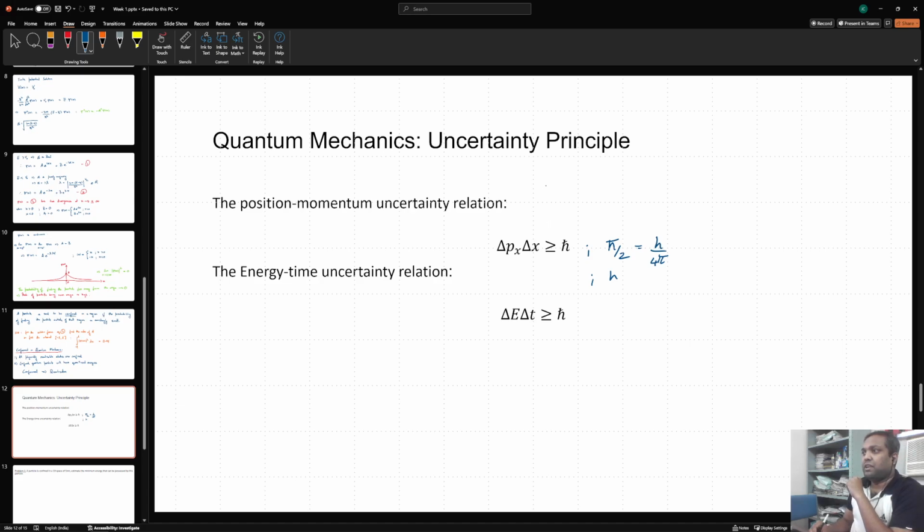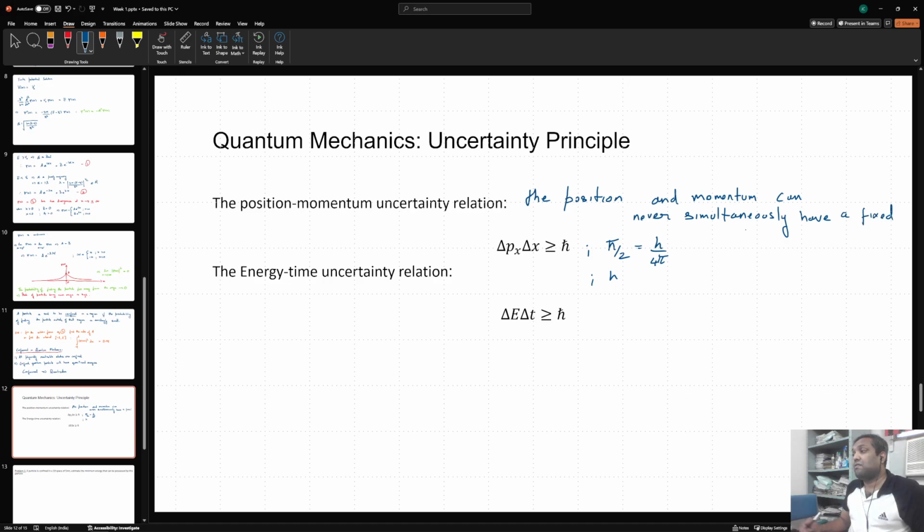The essential point here is that position and momentum can never simultaneously have a fixed value. That is what this statement conveys.